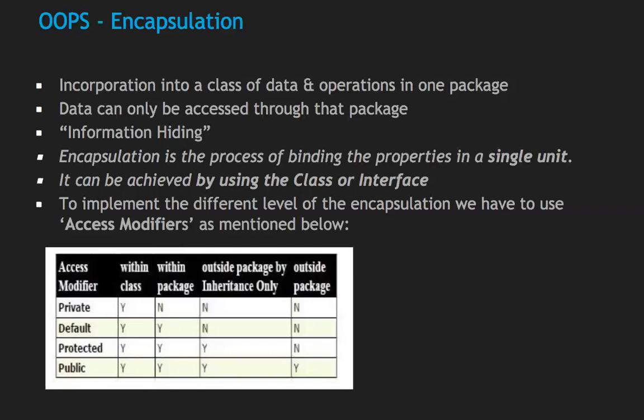So there are different levels of encapsulation, which are achieved by using access modifiers: private, default, protected, and public. Each of these four defines whether it is accessible within a class of a Java class or any object-oriented programming language class, within the package, or outside the package by inheritance only.